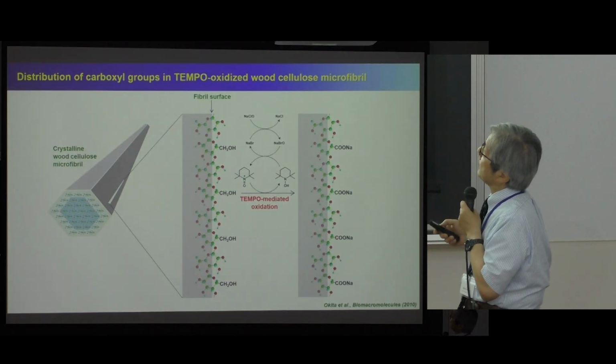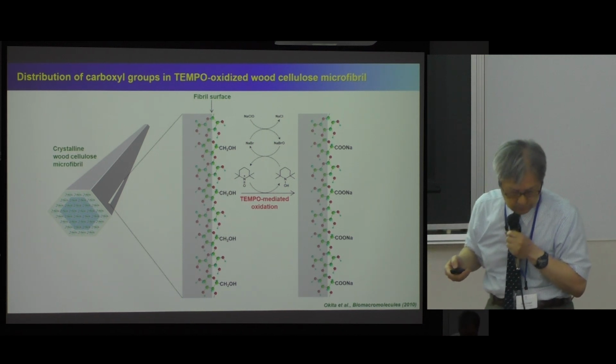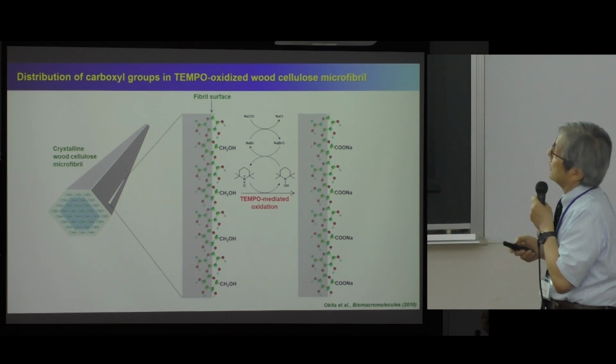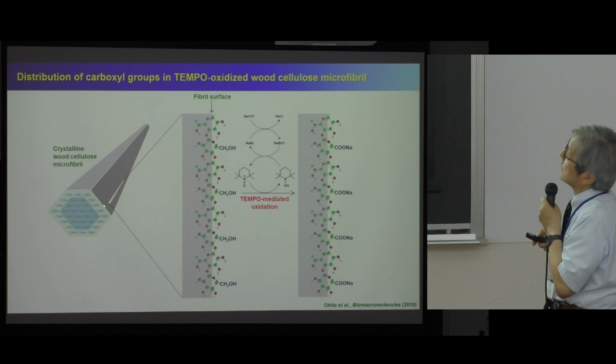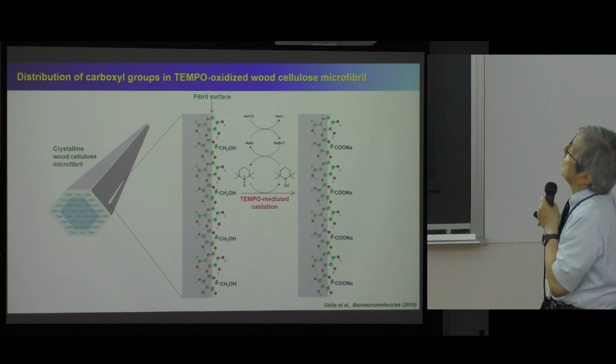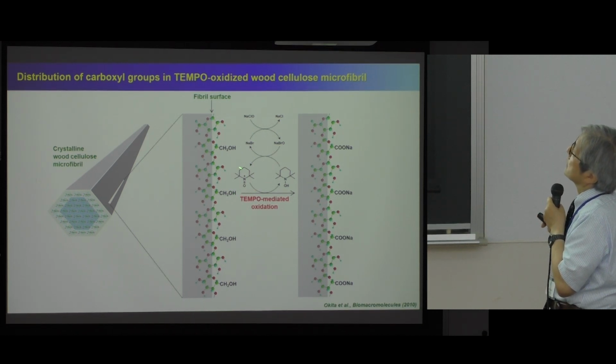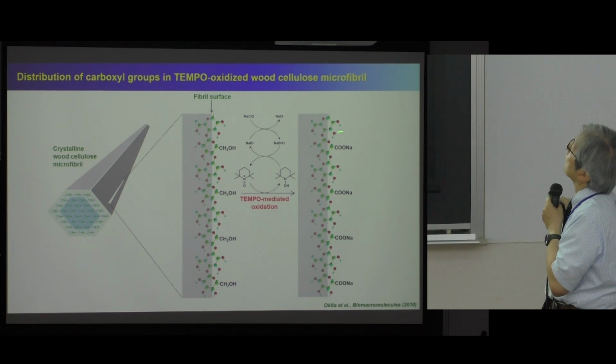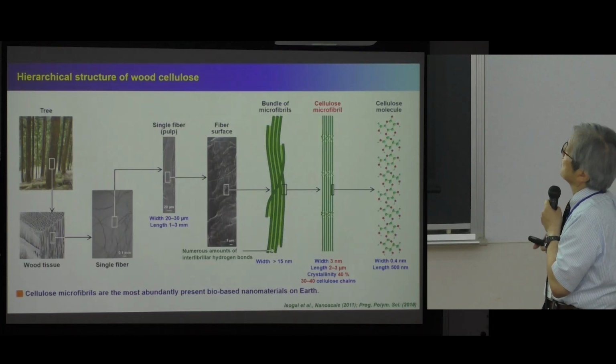And the mechanism of the nanofiber formation is just on the surface of cellulose. This is a glucosinate. Primary hydroxy groups are facing out, inside, outside, inside, outside, inside. And by TEMPO-mediated oxidation, just the primary hydroxy groups facing outside are converted to carboxyl groups.